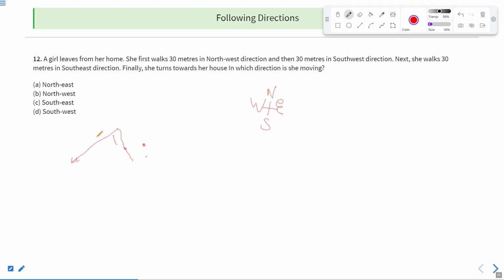Southwest is diagonally downwards, which is 30 again. Next, we go southwest.